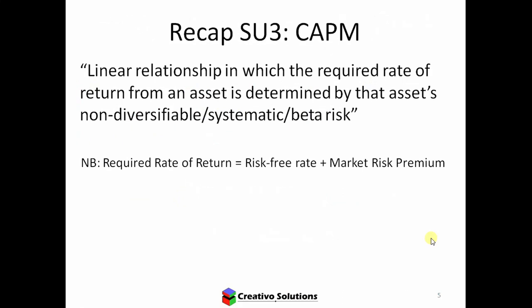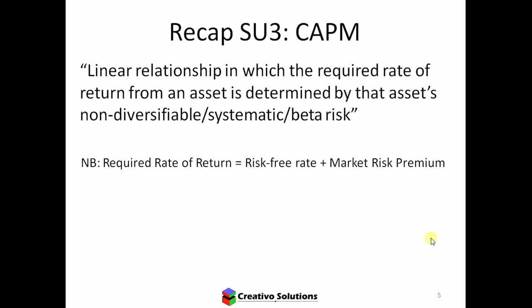Then just another note, something very important from your previous set of notes in support material 1, we spoke about the importance of understanding what capital asset pricing model is, or CAPM. CAPM describes the linear relationship between risk and return. So when you're looking at various decisions, you're going to be establishing what the required rate of return is, and that's obviously calculated taking the risk-free rate into consideration, plus any market risk premium for taking on risk in the market.